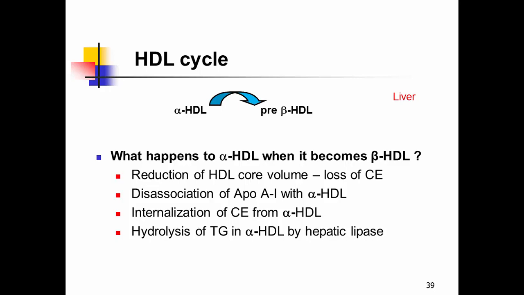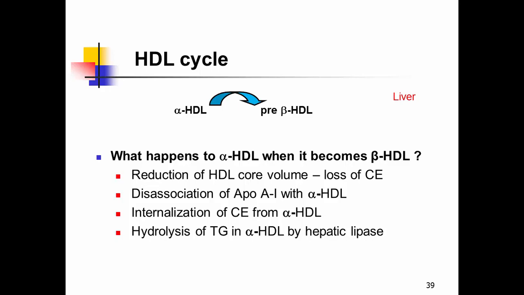So what happens to alpha HDL when it becomes beta HDL? First of all, the reduction of HDL core volume, right, because the cholesterol esters are picked up by the liver, so the lipid core volume is reduced when alpha HDL is converted to beta HDL. And secondly, the dissociation of ApoA1 from alpha HDL.